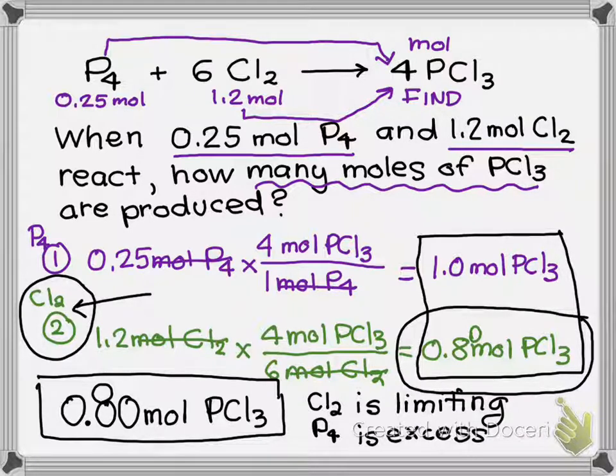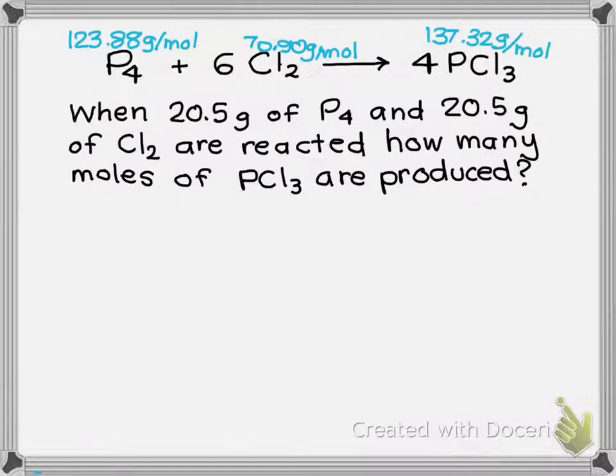So I have two more problems, and remember you can pause at any point if you want to try to do some of the work on your own and then compare. I'm using the same equation, but this time I'm going from different units so we can continue to practice our variety of stoichiometry problems. So in this problem, again, we read a question.